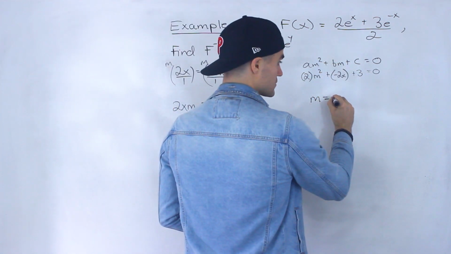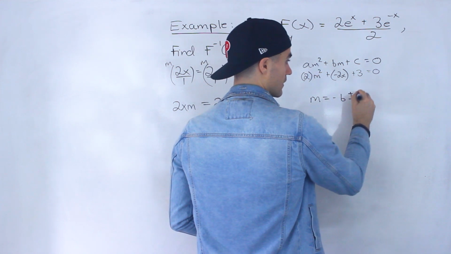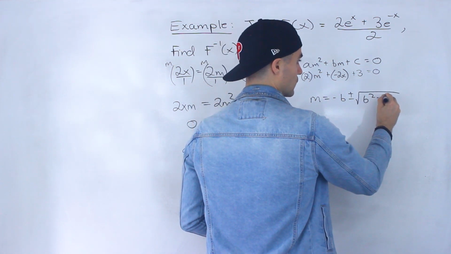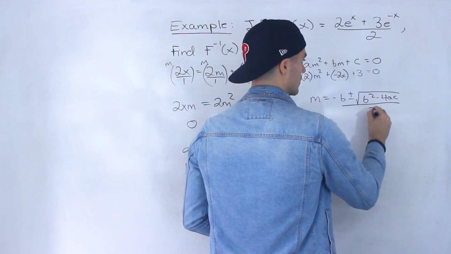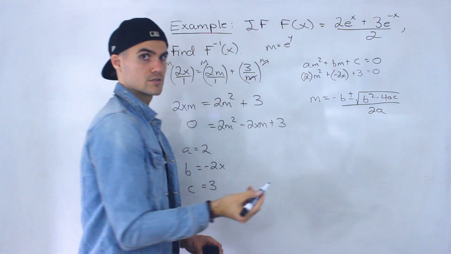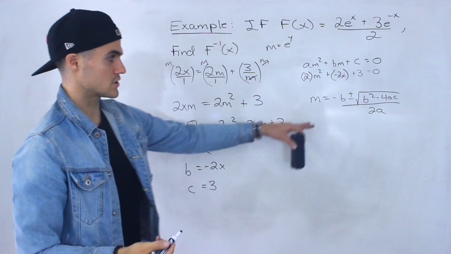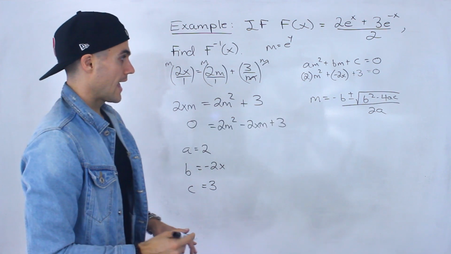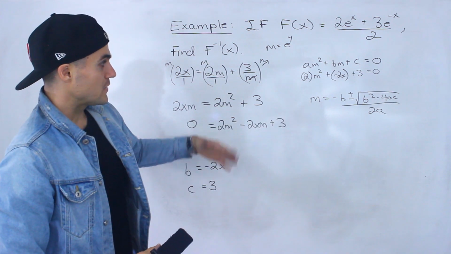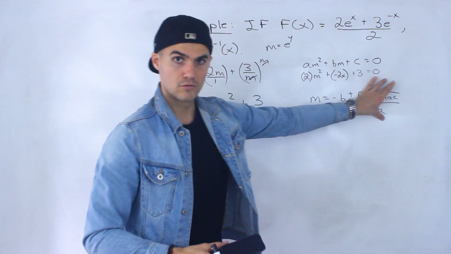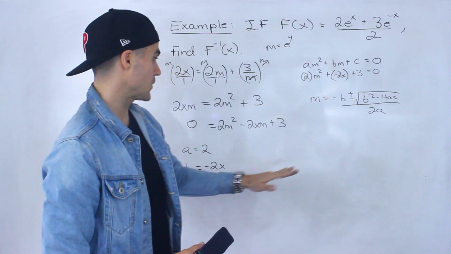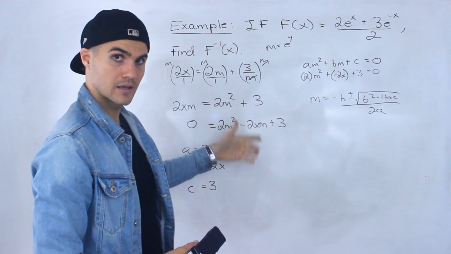Well, it's equal to negative b plus or minus the square root of b squared minus 4ac, all over 2a. Okay, just the quadratic formula. And so that's how we can get an expression for m. That's how we can isolate for the m in this case.